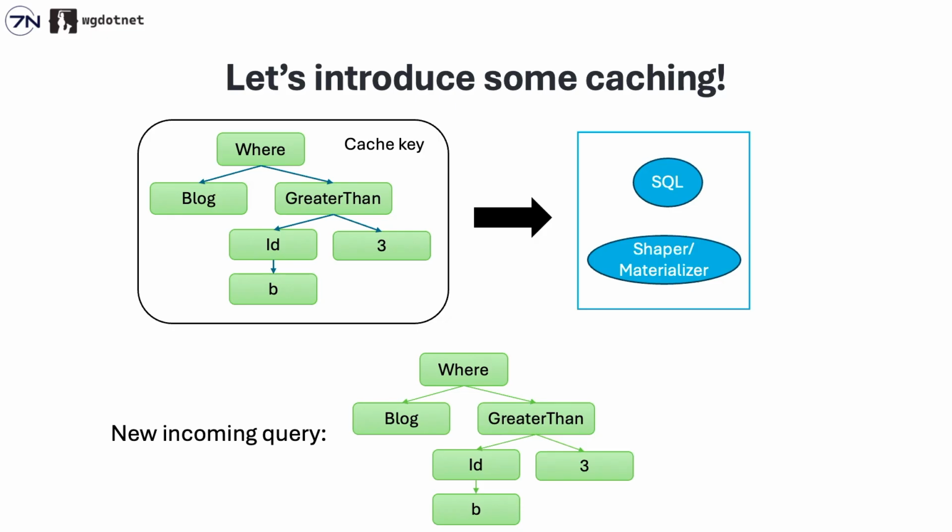Be at ease. So the thing with caching, when you do a caching system, you always have a cache key. So what's the cache key in our current situation here? It's a weird cache key, right? In our case here, the cache key is in fact the entire expression tree. The moment that anything in this expression tree changes, like this node at the very bottom here, instead of being a B, it's something else, then we no longer can use the same SQL anymore, right?